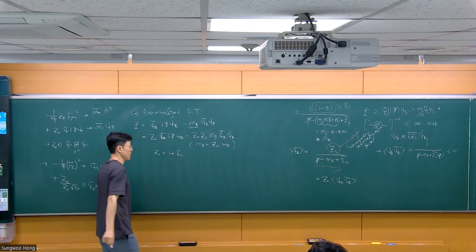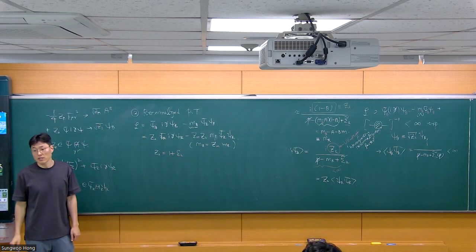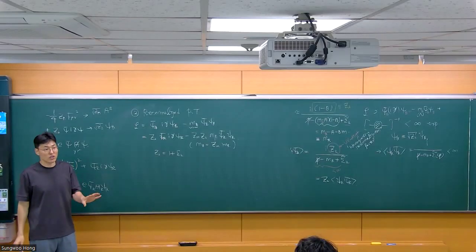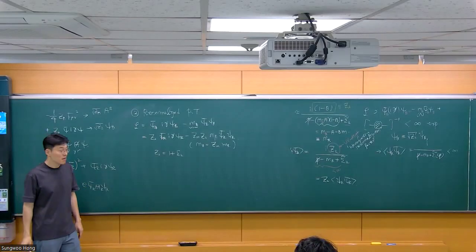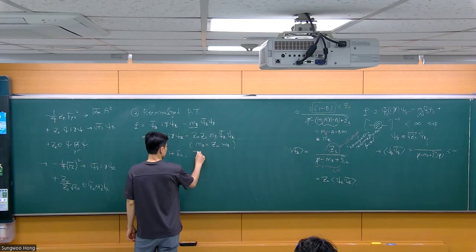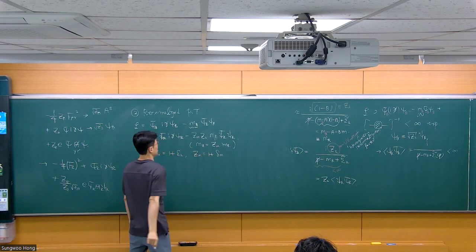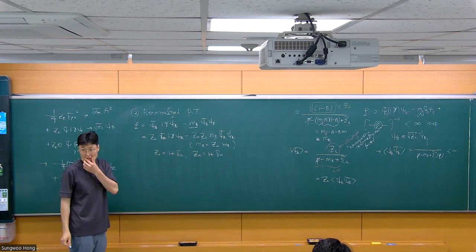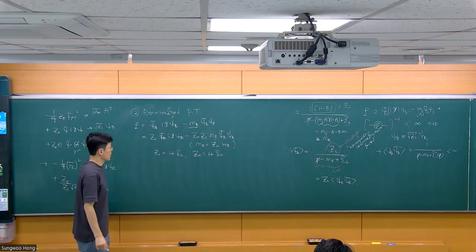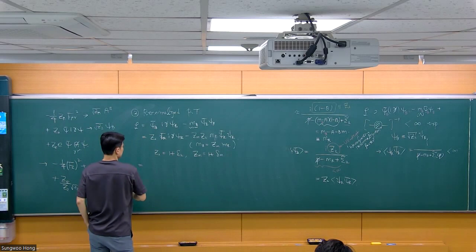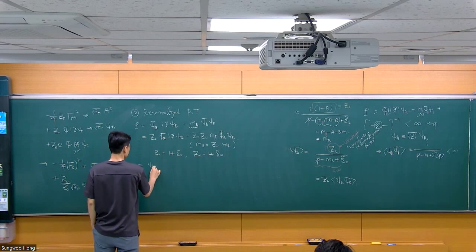I'm just going to write that small correction as delta. Whenever I say small correction, everything is modulo UV divergences. The UV divergence will be taken into account. The other factor is also 1 plus a small correction. So then you can rewrite this.